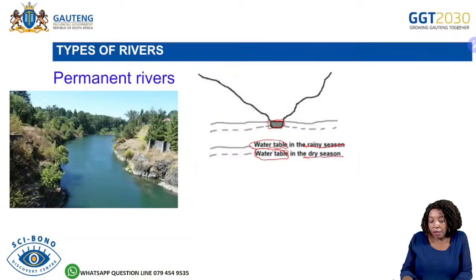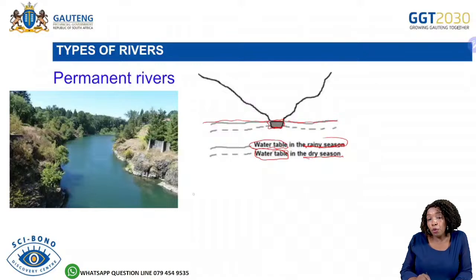We're looking at the comparison of the water table during a rainy season and during a dry season. So when you look at this diagram, you can see, boys and girls, that this water table, this solid line that you can see here, is during a rainy season. So obviously the water table here is directly in contact with the surface of the river.